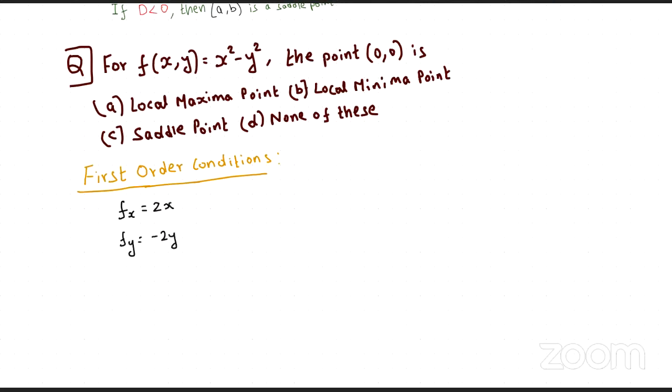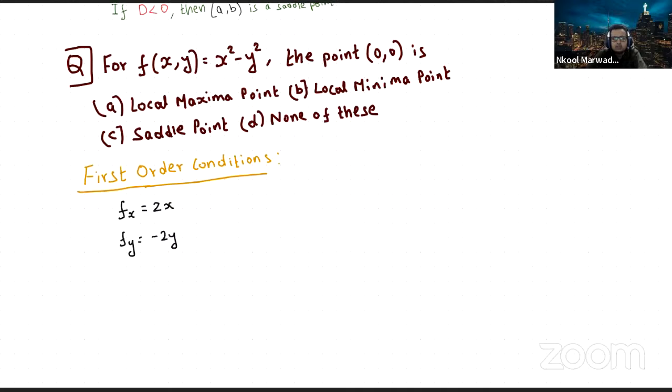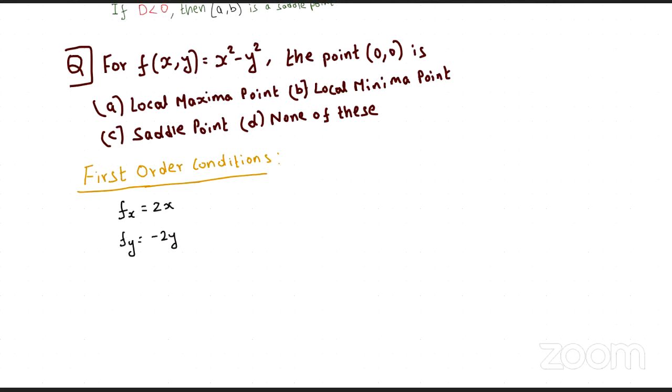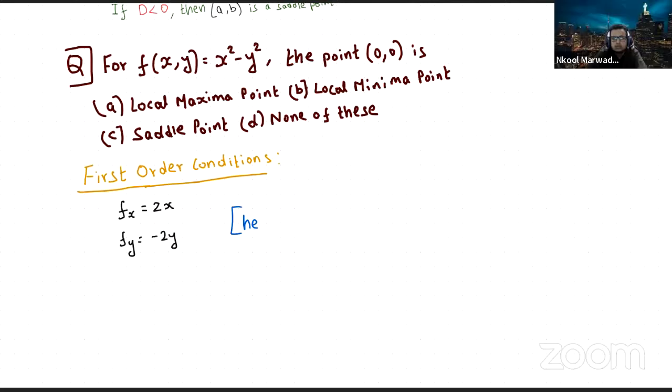Then I can say that f of x at 0 comma 0 is equal to 0, and f of y at 0 comma 0 is 0.